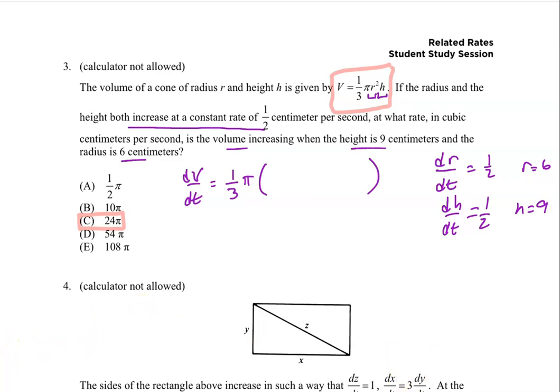If you haven't yet, go ahead and do the product rule on that. 2r dr/dt times h, plus r squared, the first, times dh/dt. So that's going to give me 2 times 6 times 1/2 times 9 plus 6 squared times 1/2.